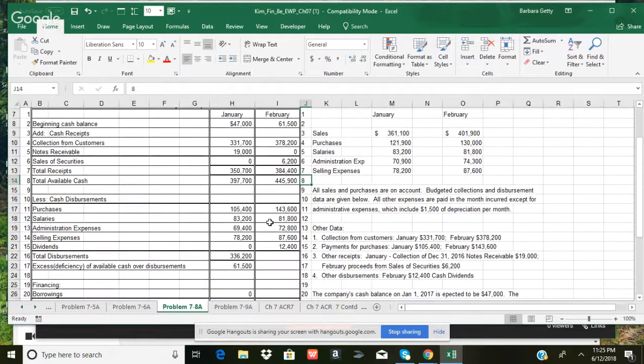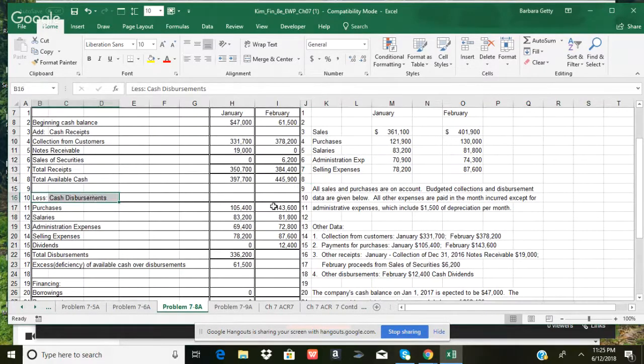Now let's go down into our cash disbursement. We have all of the totals here for our purchases, salaries, administration, selling, and dividends. So we just have to total this up, and the total comes to $398,200.